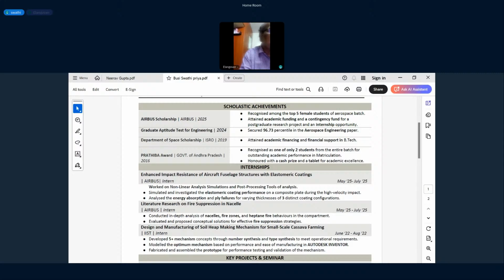So on the whole, the overall weight will decrease when we use staging, sir. Which will reduce the weight of the rocket? Overall weight. Yes, sir.